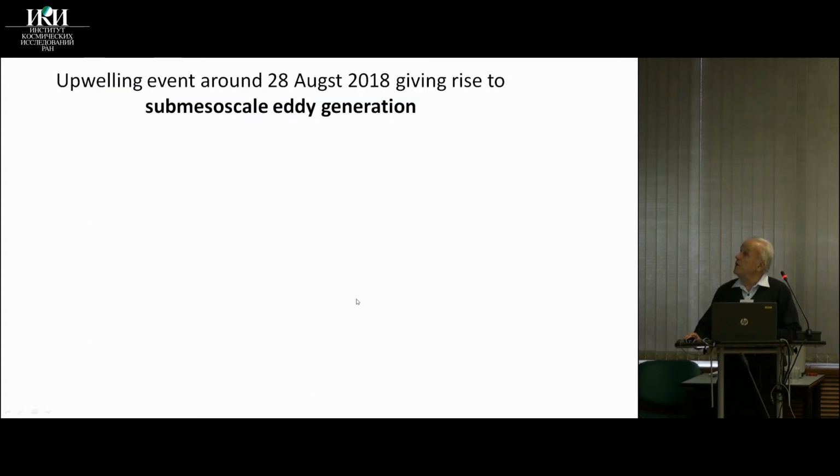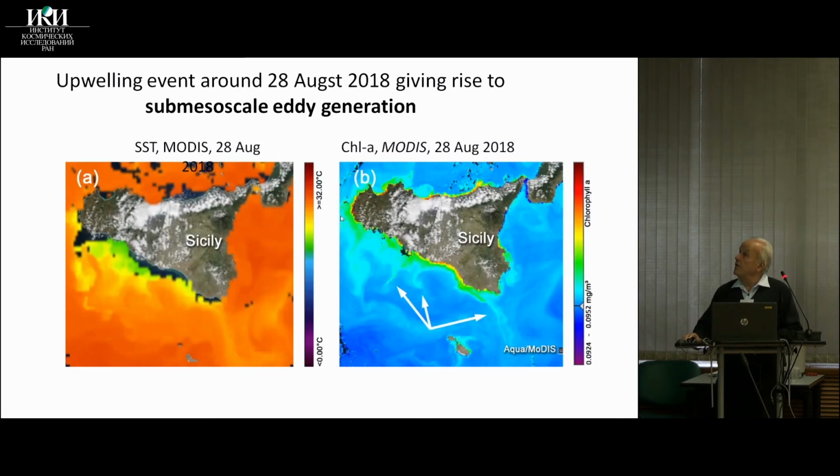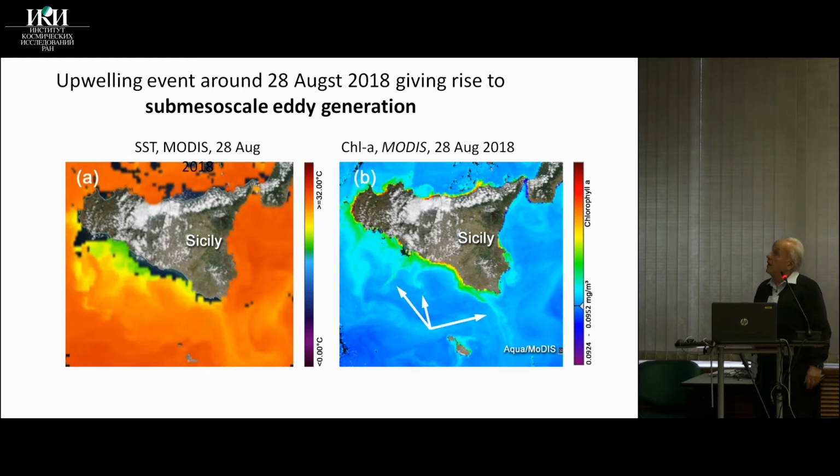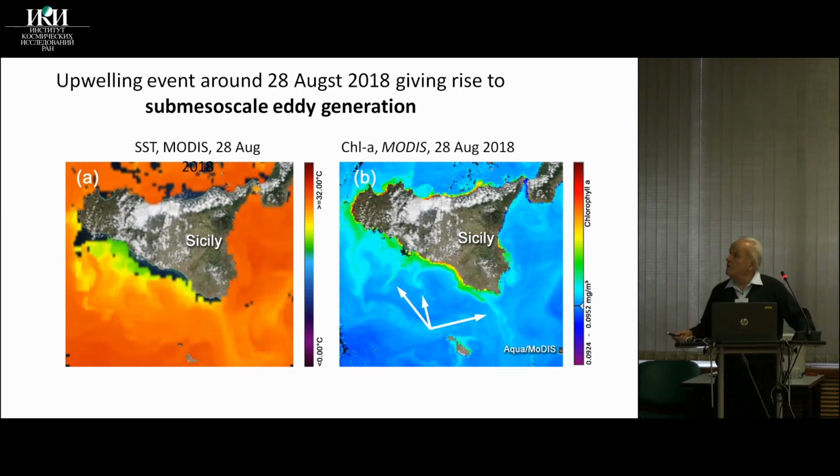And I will show you another example one month later in this area. Here you have again upwelling visible in the sea surface temperature map. And then you have the chlorophyll concentration, and you get these kinds of filaments. They have been studied a little bit before, but not really systematically.